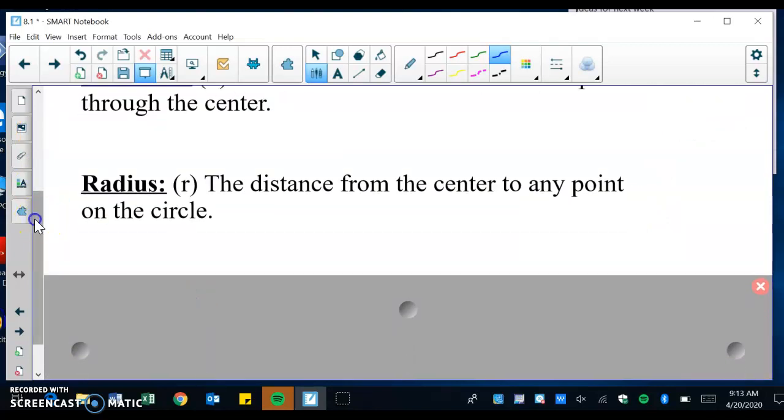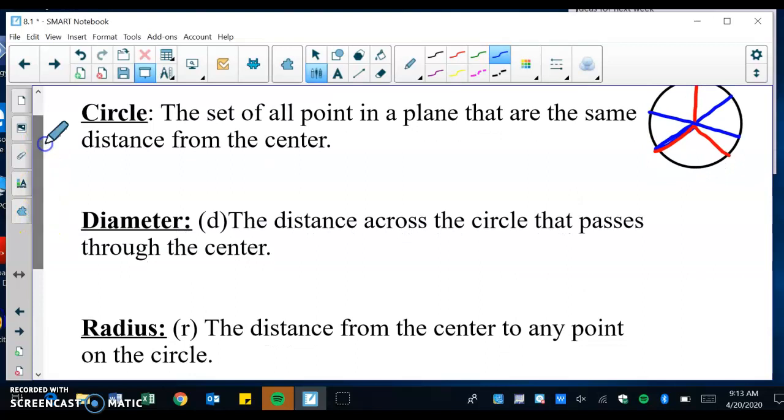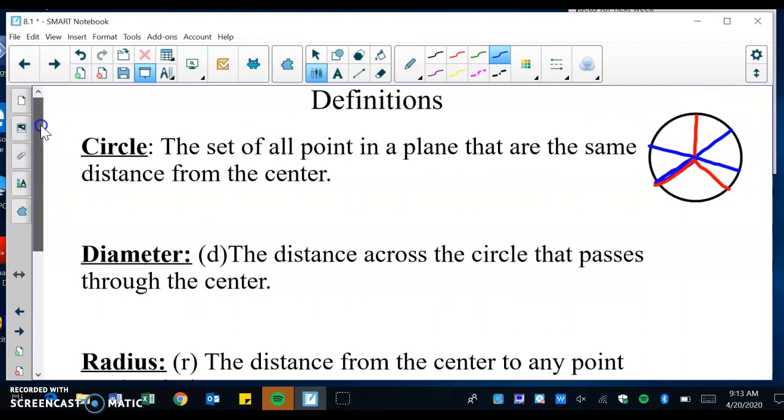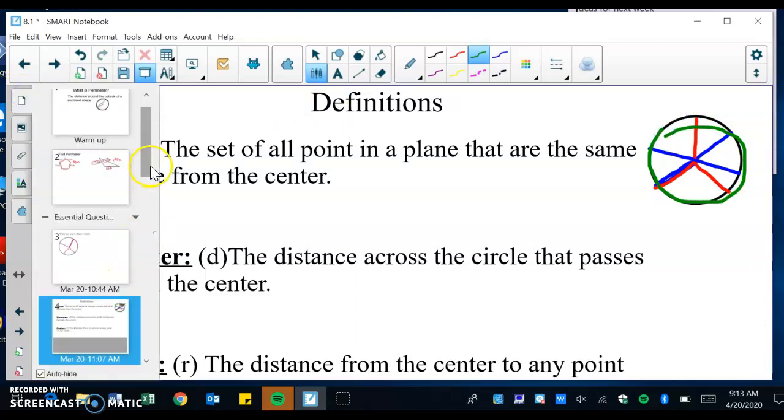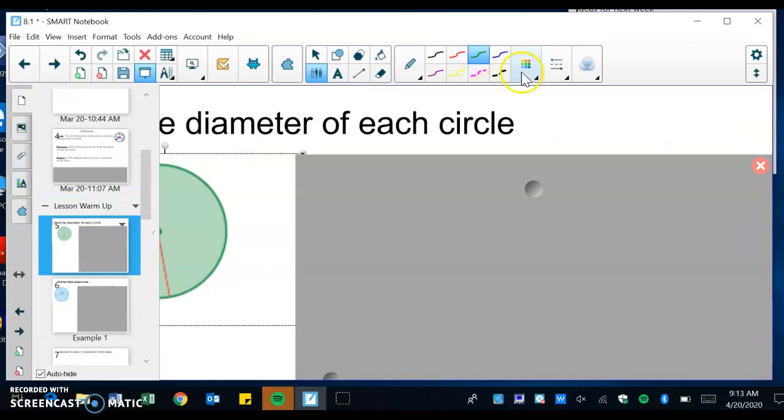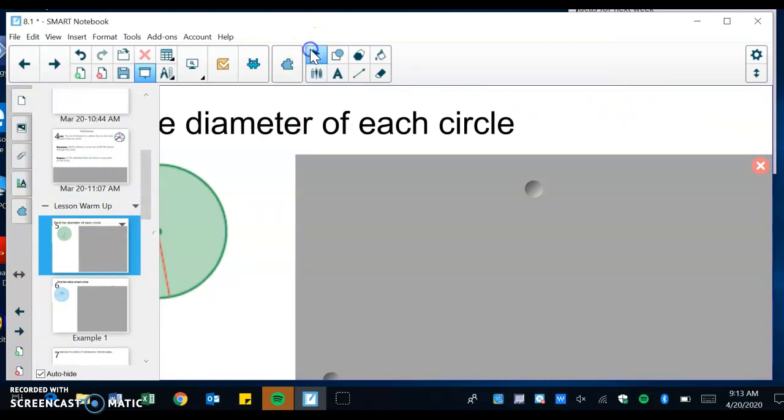And that's all the definitions we have. We're going to learn about circumference on another slide, and circumference is the distance all the way around, so it's the perimeter of a circle. The first step is we're going to find the diameter of each circle.